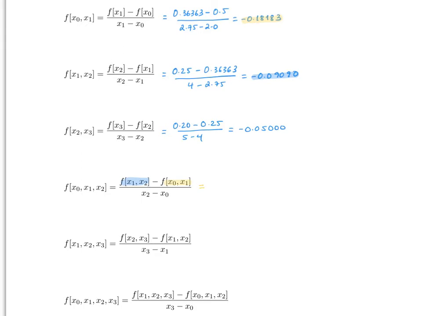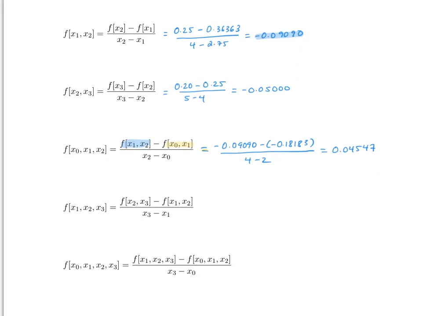So therefore, if we plug it in, we will get minus 0.09090 minus minus 0.18183 divided by 4 minus 2, and this is equal to 0.04547. Again, make sure that you check that you get this.